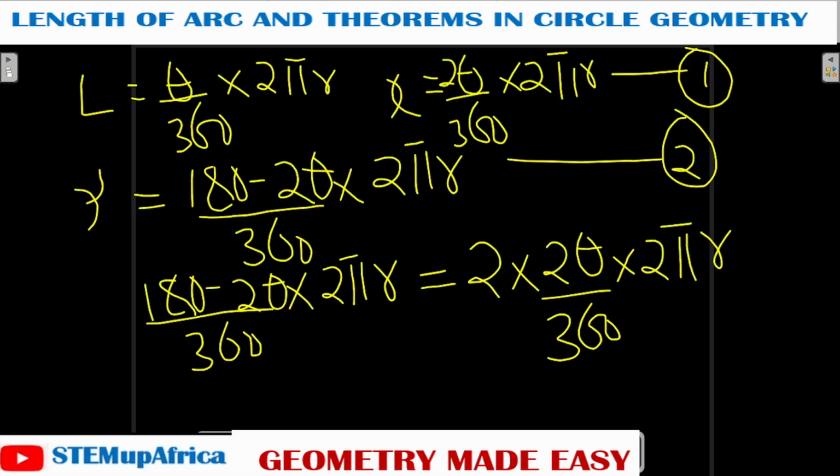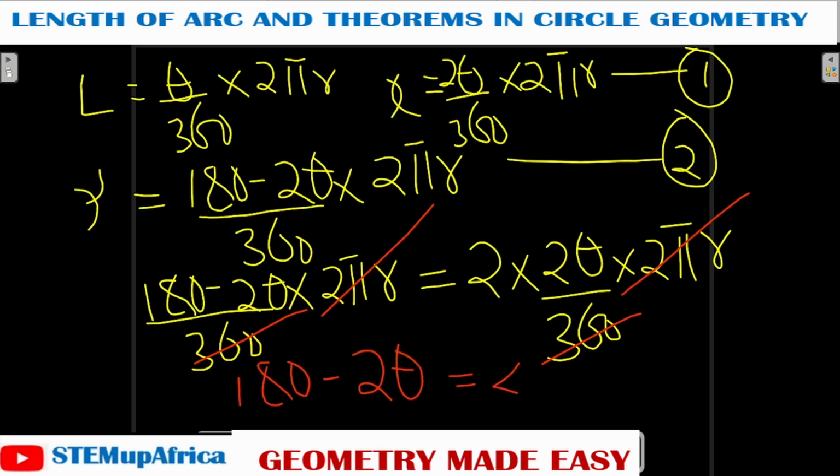If you look at this expression, we can cancel out those that are cancelable. 2 pi r can cancel 2 pi r. You also agree with me, 360 will cancel 360. So what do we have left? We have 180 minus 2 theta equals 4 theta, because 2 times 2 theta gives us 4 theta. To find theta, I will simply collect like terms by bringing 2 theta to meet 4 theta.